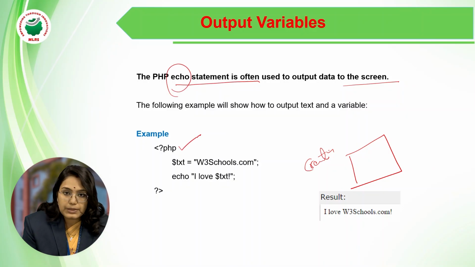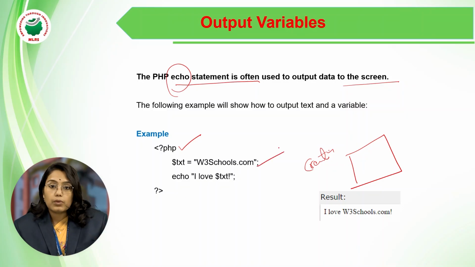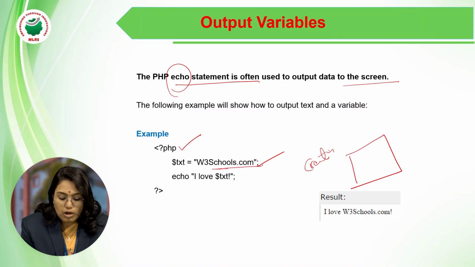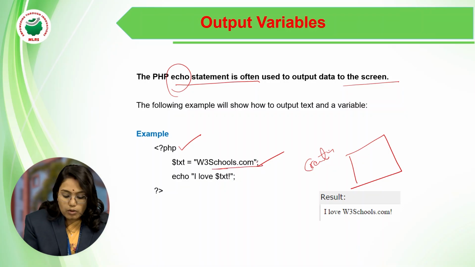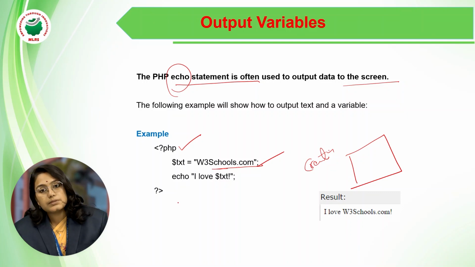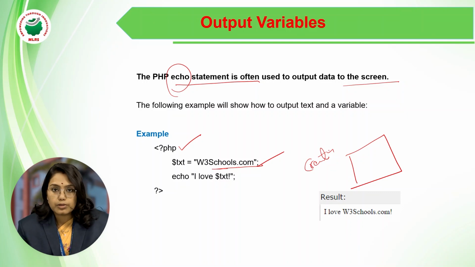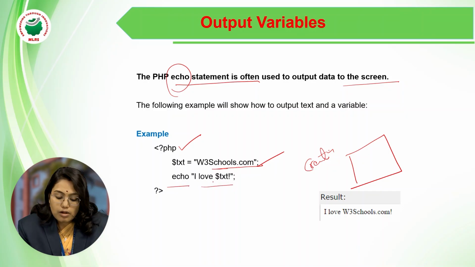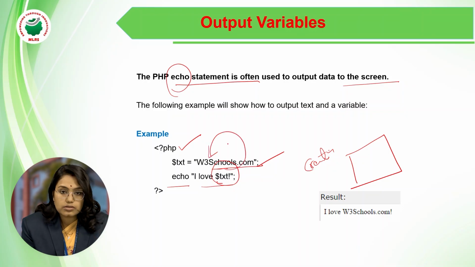After opening the PHP code, here we are declaring a variable. That variable, dollar text, is holding w3schools.com. Next, echo is for displaying that output to the screen. So echo I love dollar text. Already we have declared dollar text as w3schools. Let's see how the output comes.